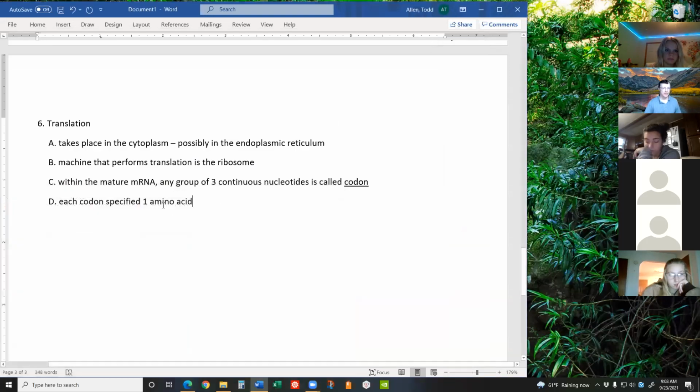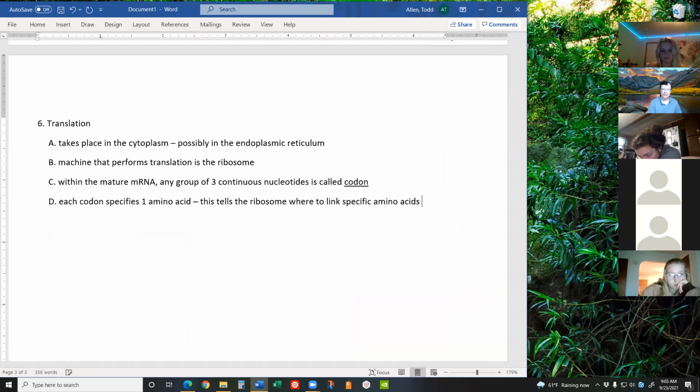Each codon specifies 1 amino acid. In other words, this tells the ribosome where to link specific amino acids together.